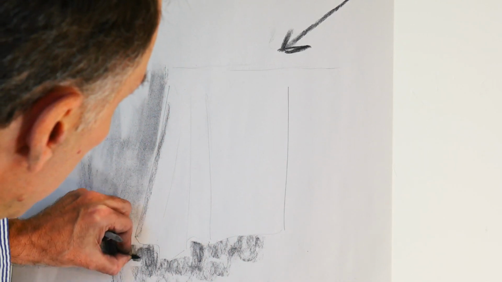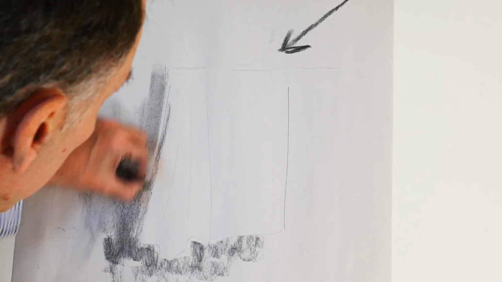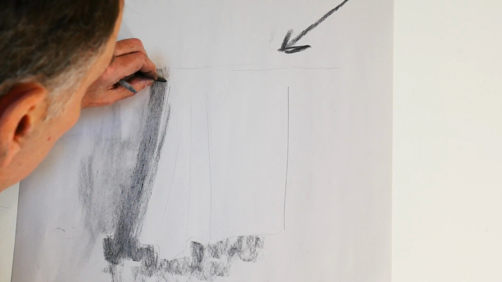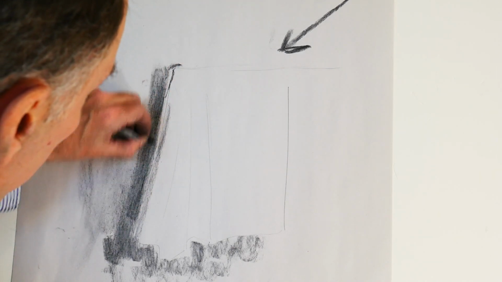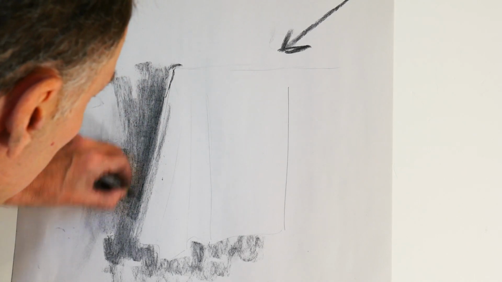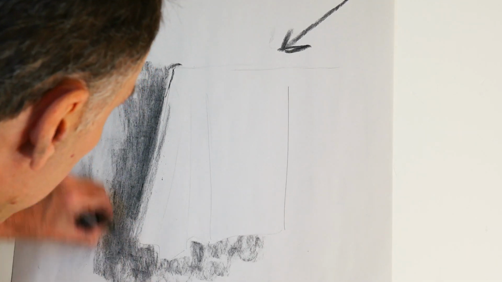But again, mainly what you're trying to do is simplify, right? If you can't seem to simplify the thing, then you're probably doing something wrong. You're not thinking about it the right way.